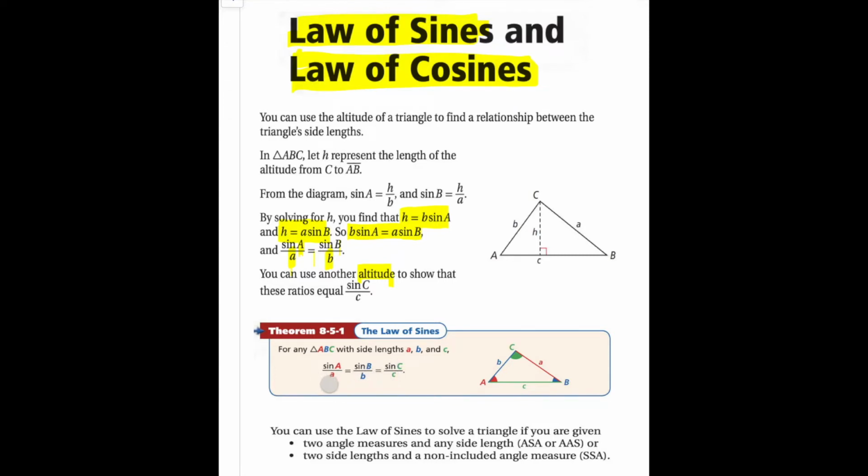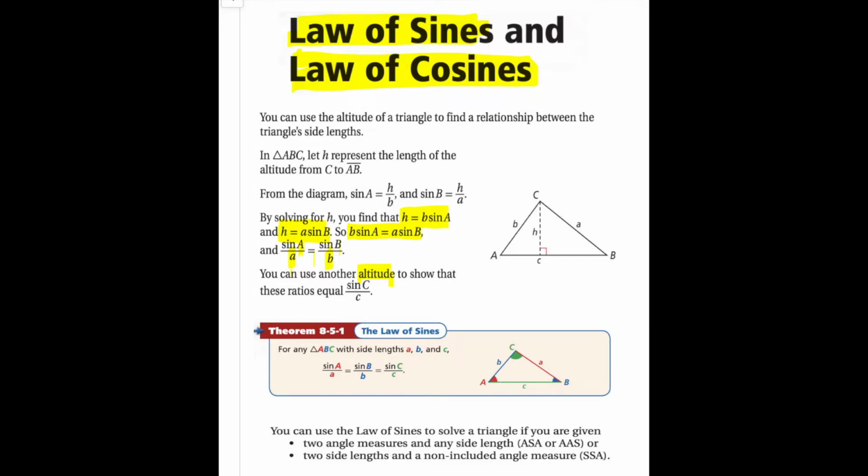And remember, lowercase a is the side length opposite to angle A, and lowercase b is the length of the side opposite to angle B, and lowercase c is the length of the side opposite to angle C. So sin A over a is equal to sin B over b is equal to sin C over c. This is called the law of sines.